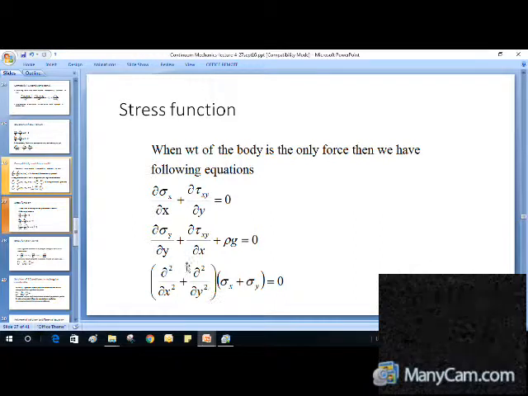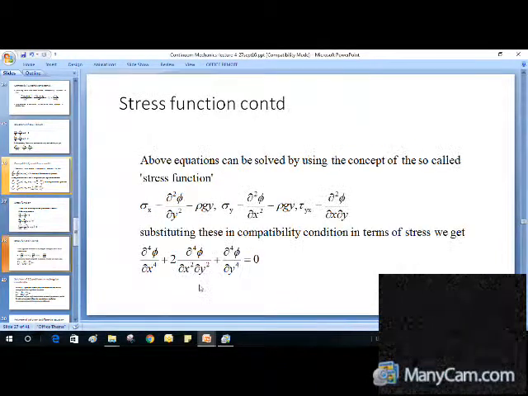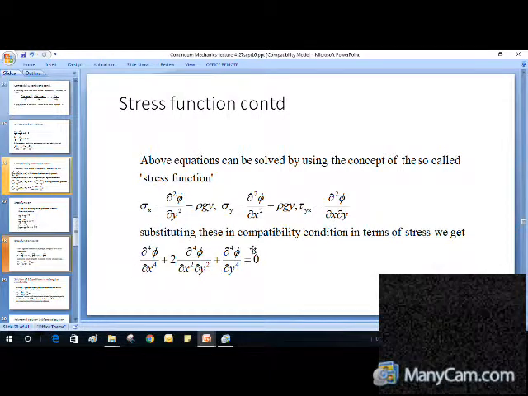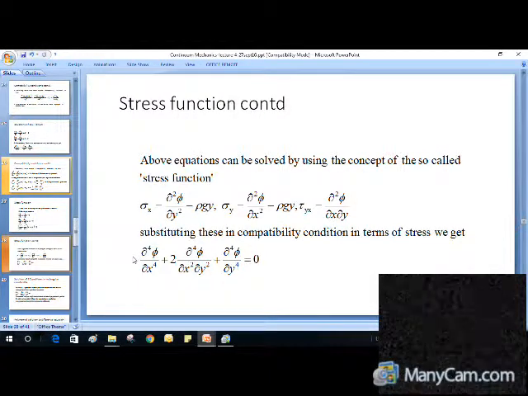So I have got this compatibility condition, and in fact these three equations. In the equations, I substitute for sigma x, sigma y, tau xy, simplify that, and thereby I will be able to get this fourth order partial differential equation: delta 4 phi by delta x4 plus 2 times delta 4 phi by delta x square delta y square, and so on.